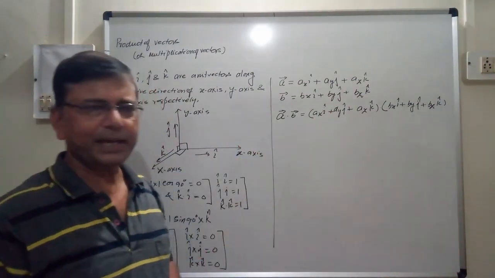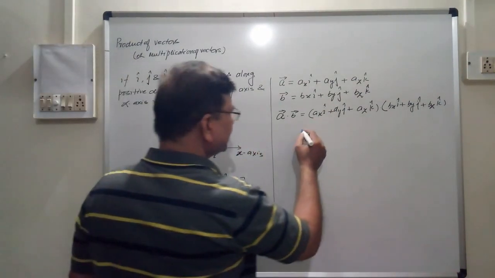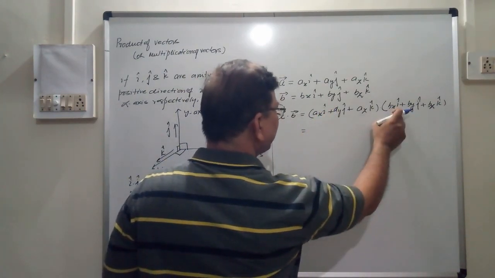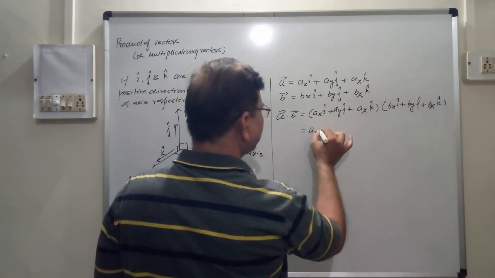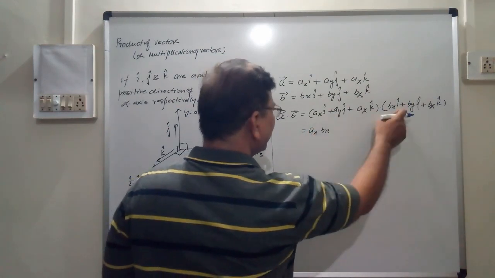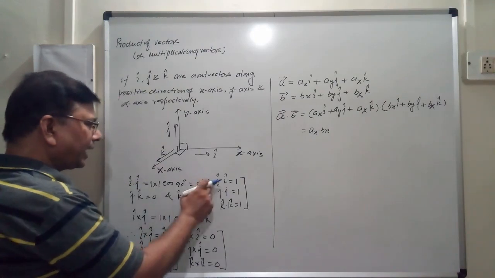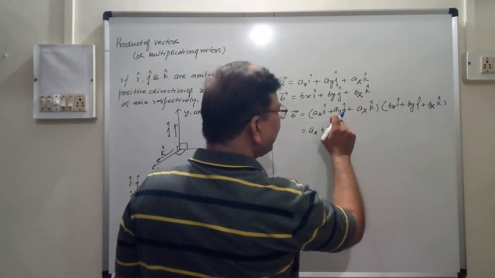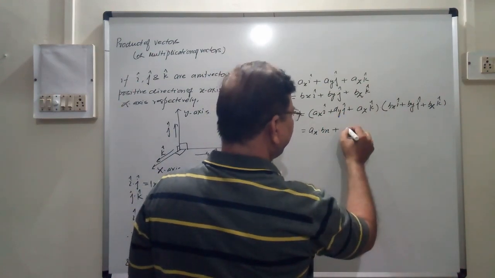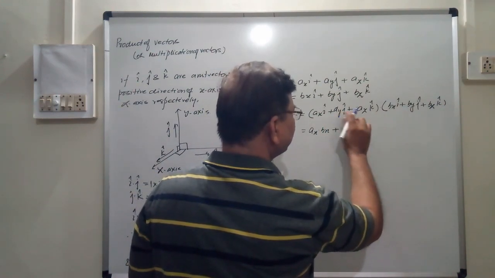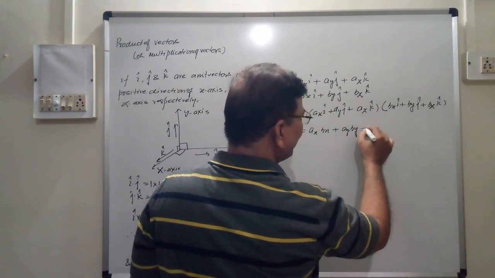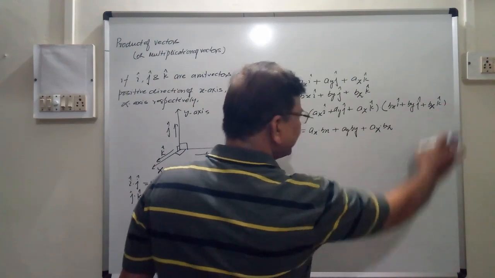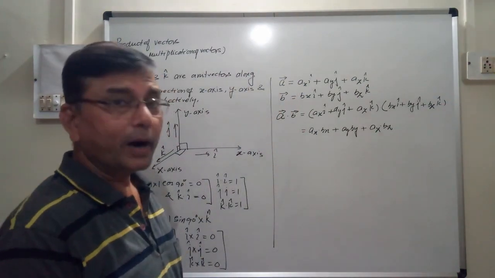This I am going to apply over here. So if you multiply AX into BX I dot I, I dot I is 1. So this will become 1. Similarly, AY and BY, J dot J, that is equal to 1 plus AZ, BZ, K dot K is again 1.